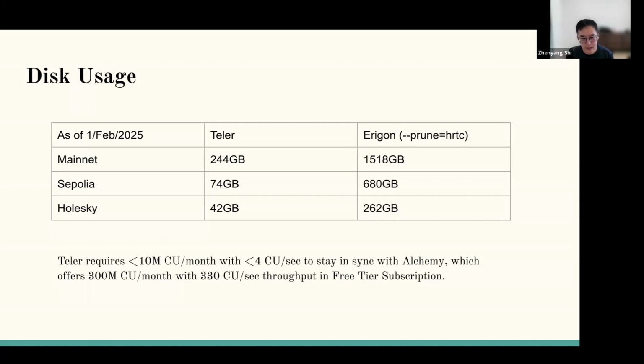So in theory, a single Alchemy free tier account would be able to support up to 30 different Teler nodes. Well, actually, much more than 30 nodes, because you can sync your new Teler node from your existing Teler node. So you can basically spin up any number of nodes you want.